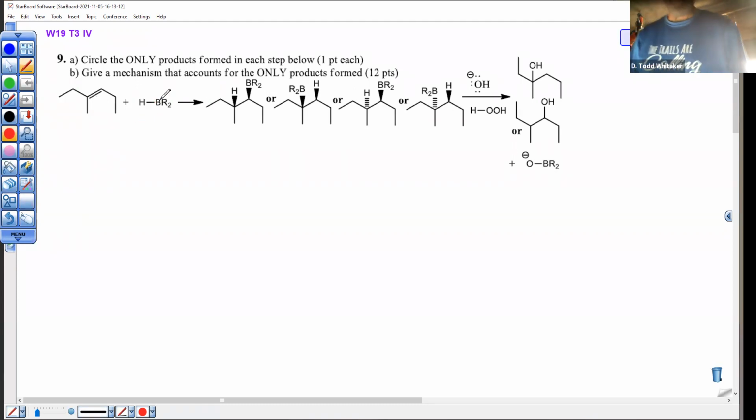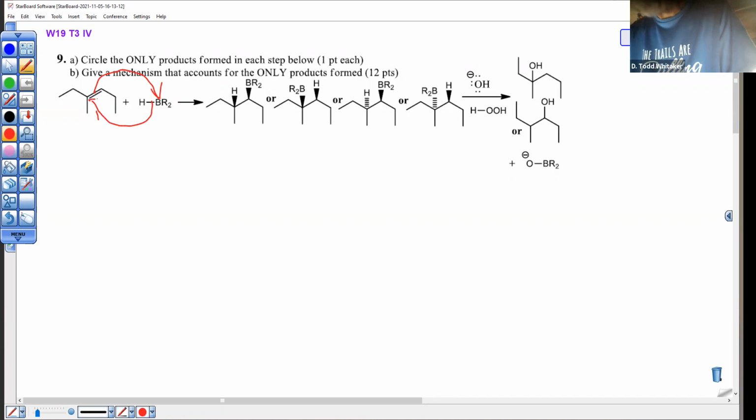Okay, pi electrons attack boron. The electrons in the sigma bond between B and H go to the more substituted carbon.